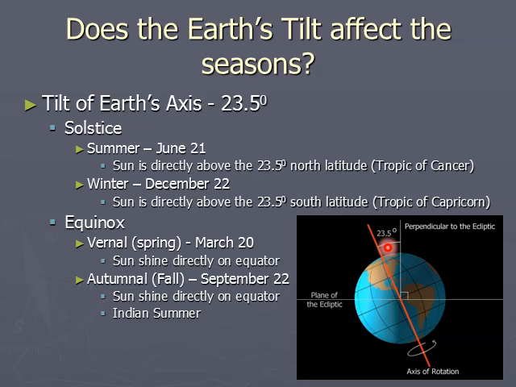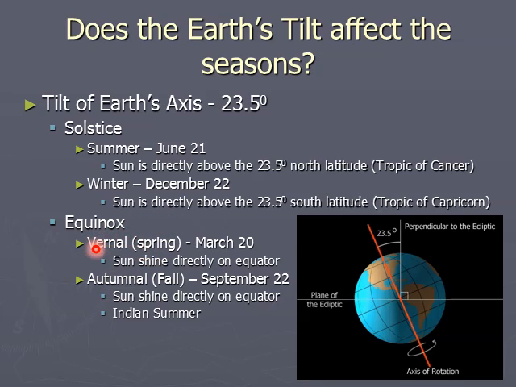This tilt causes summer, or the start of summer, June 21st, which is the summer solstice, when the sun is directly over 23.5 degrees north latitude, so right about here. And then you have the winter solstice, when the sun is directly over the same latitude in the south. That's when winter occurs, when the sun is over that part of the latitude at high noon. And then you have equinoxes.